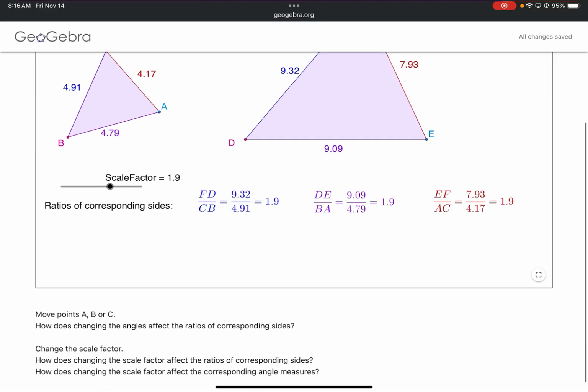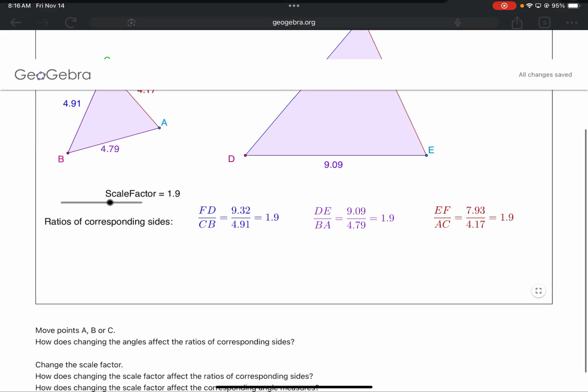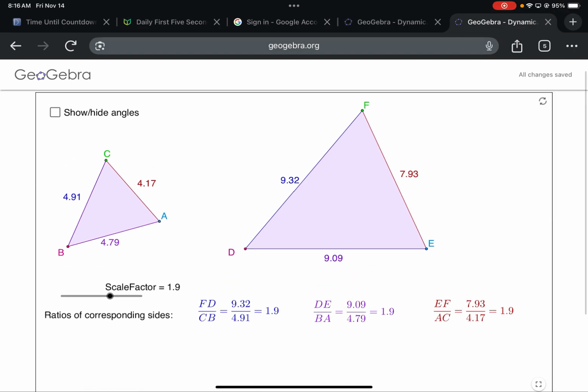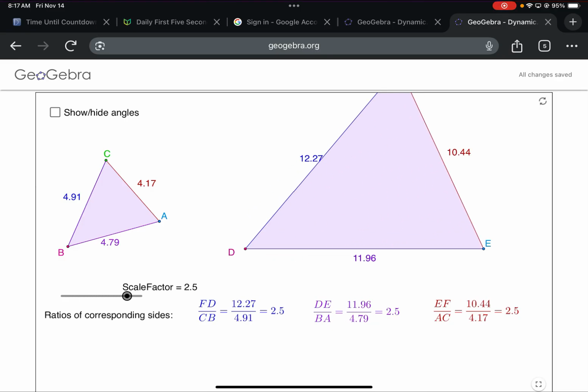So, on here, and this is posted to Schoology if you ever want to look at it after, but I have set this up so that the side ratios, all 3 have to match. So all 3 ratios are all going to be the same. Our scale factor is going to work, okay? No matter what, if I make them bigger or smaller, all the ratios are going to be the same.